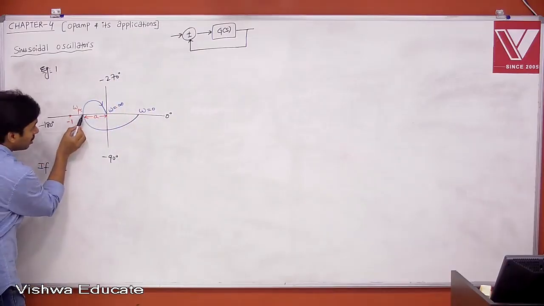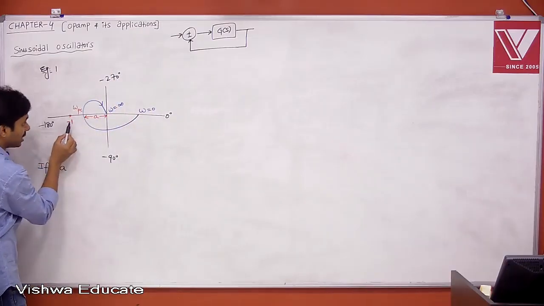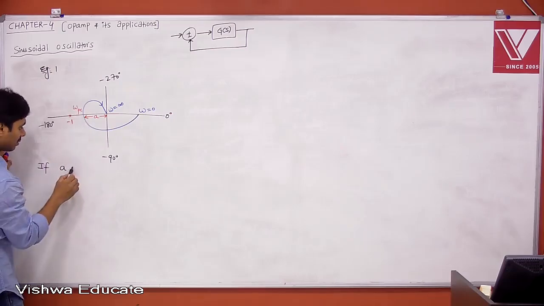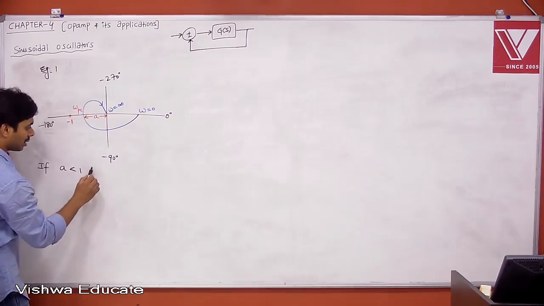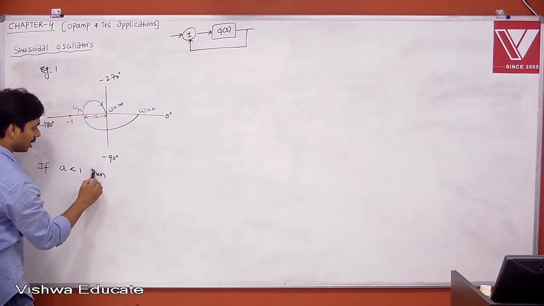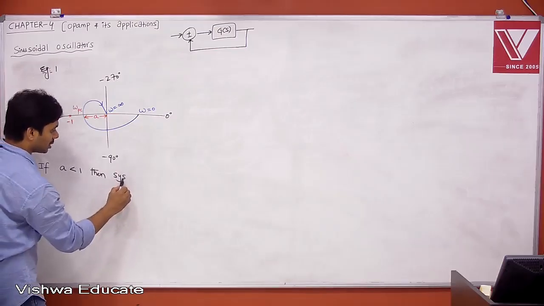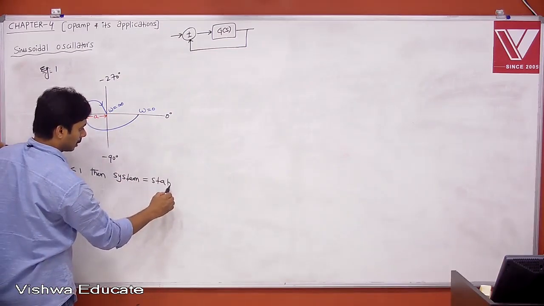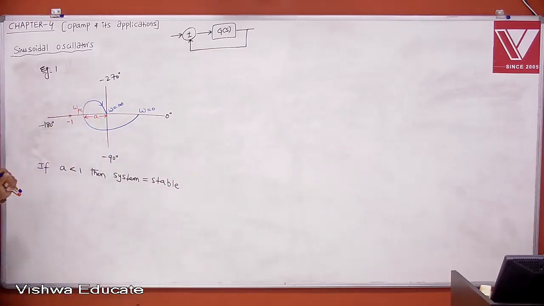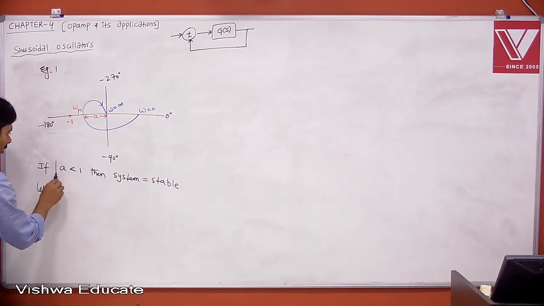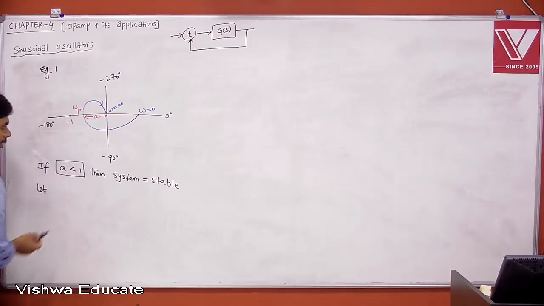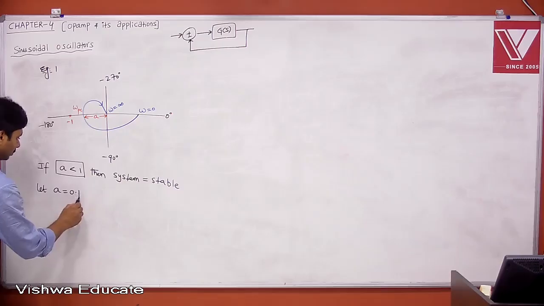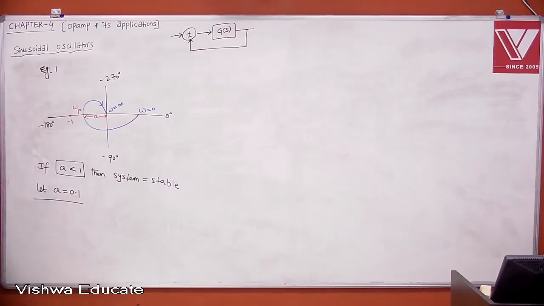At phase crossover frequency, if the gain A is less than 1, as in this case, then the system is stable. Now for example, let A be less than 1 only. Let A be equal to 0.1.